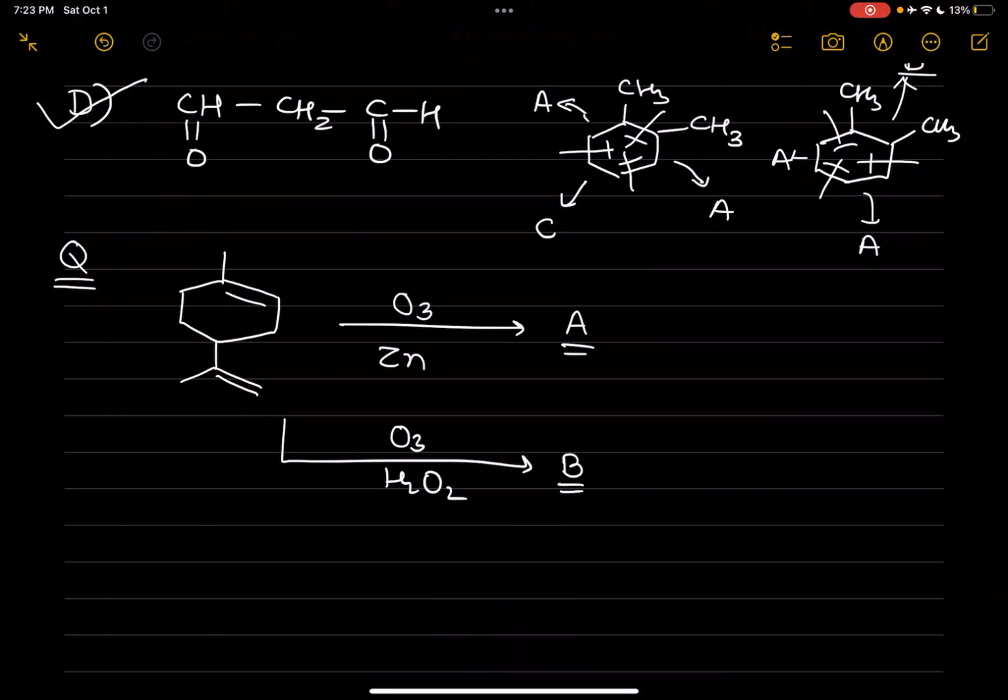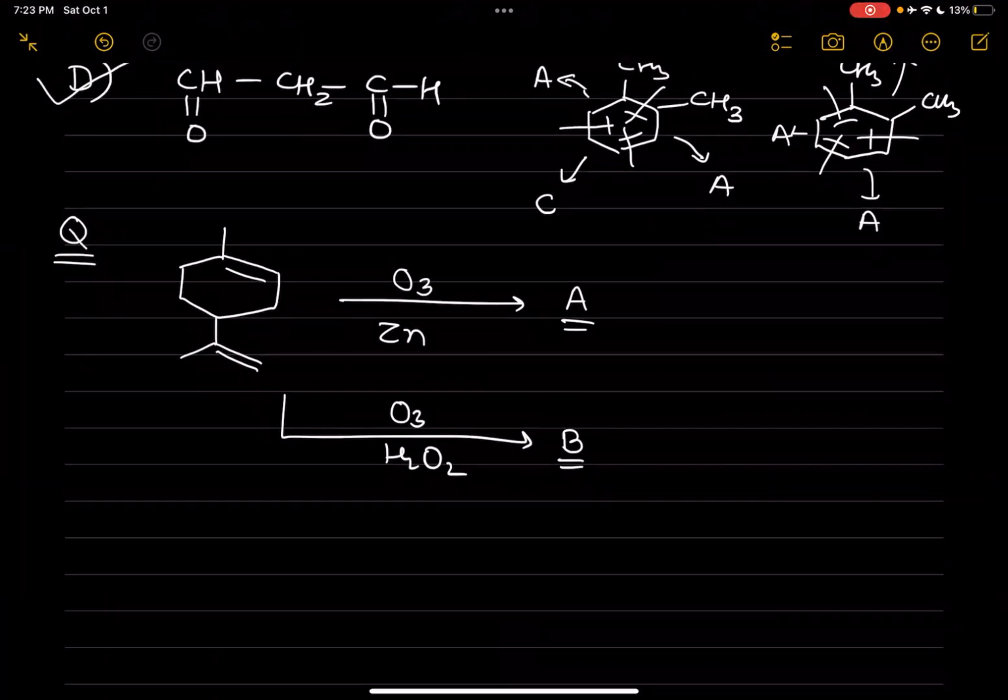Ozonolysis. If you do the ozonolysis, what are you going to get? So break the double bonds. Clear? Yes, sir. And if you break the double bonds, try to put double bond O in place of the double bonds.